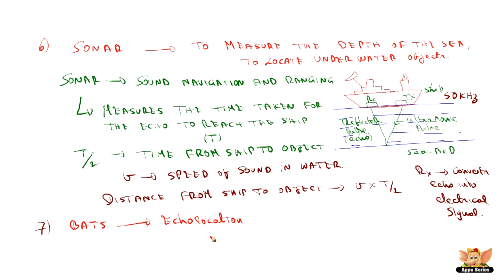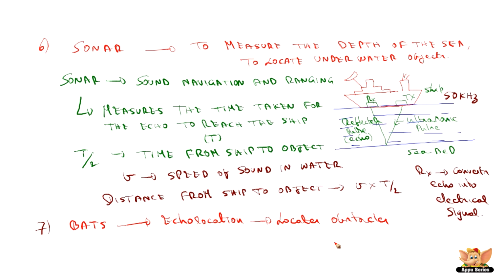So it locates the obstacles. How do they locate obstacles? The ultrasonic squeaks by bats will hit the obstacles and then reflect back. So those echoes will be heard by them, and then they know that there is an obstacle and they will change their directions. This is called echolocation.